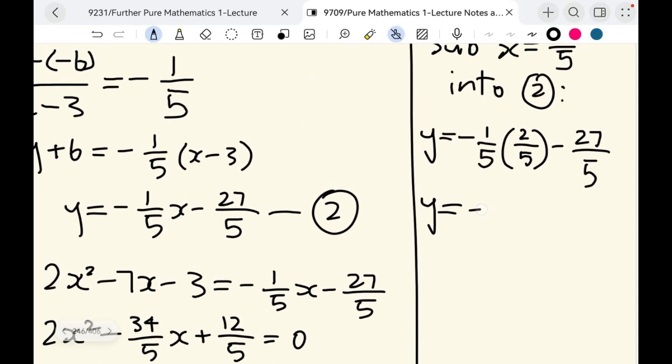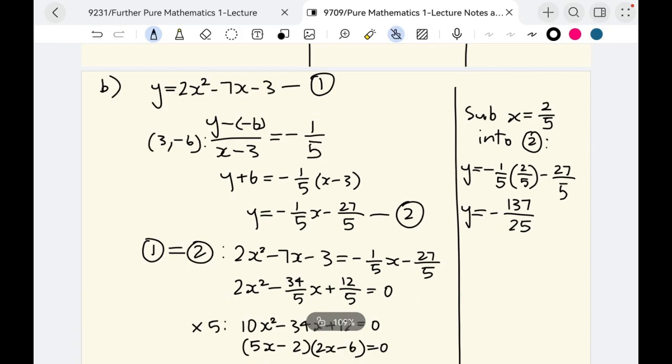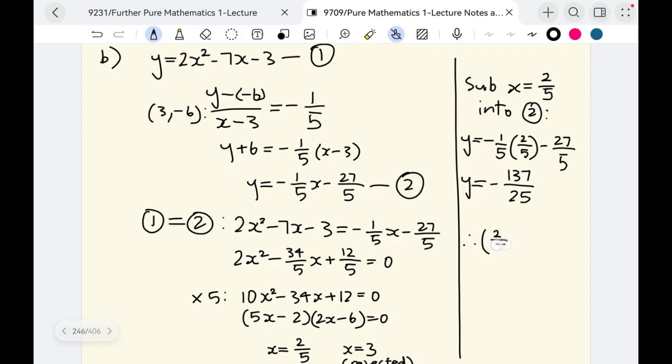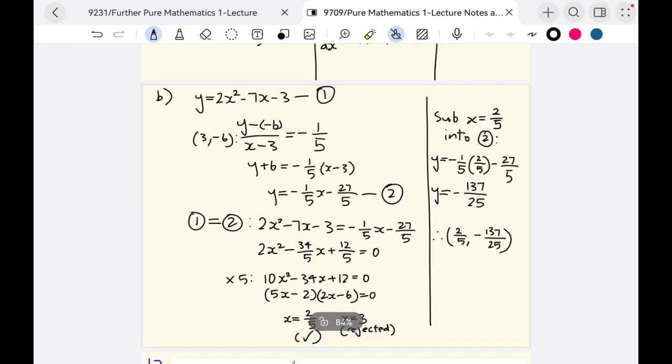Which you will get the y coordinate, negative 137 divided by 25. So rewrite your answer as the x coordinate is 2 over 5 and the y coordinate is negative 137 over 25.